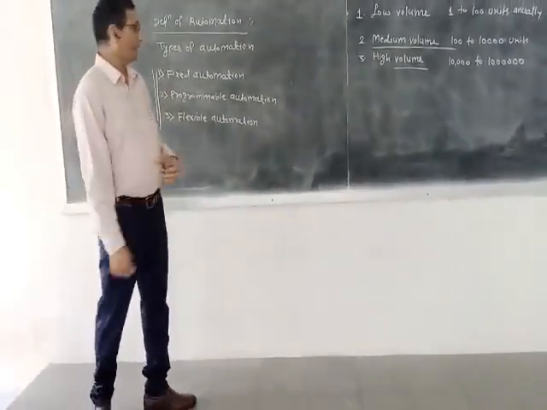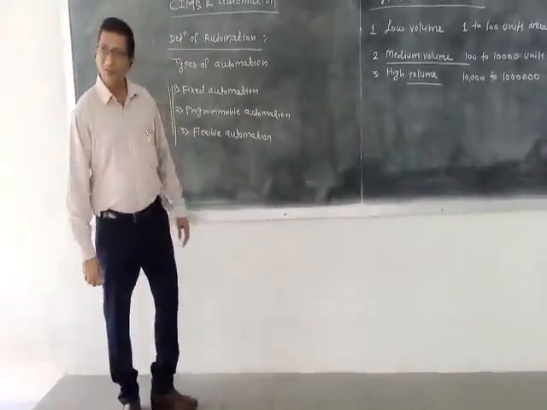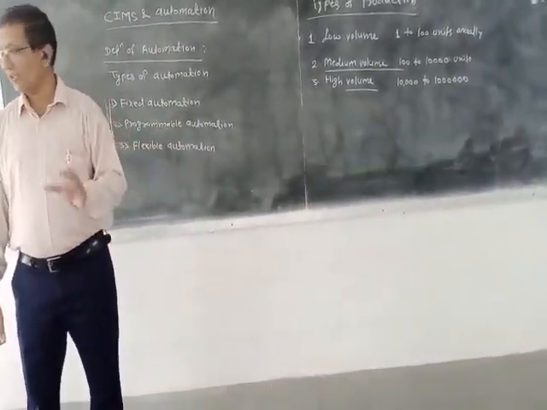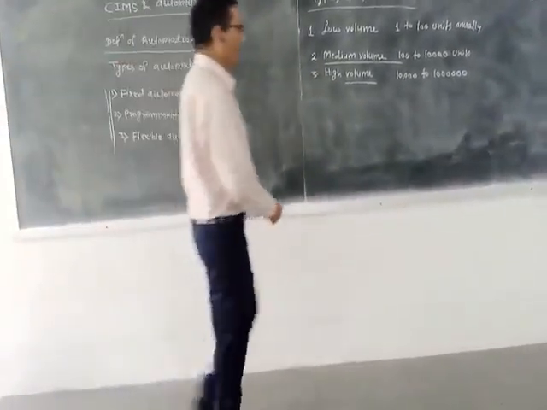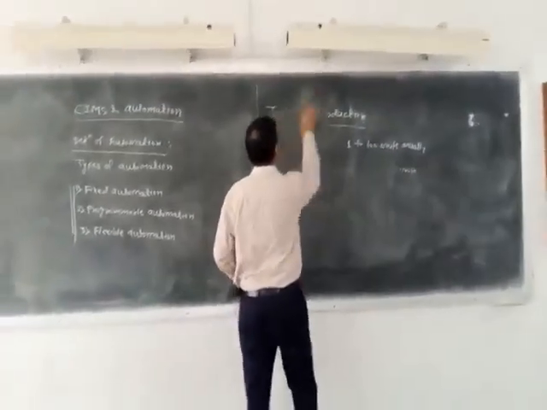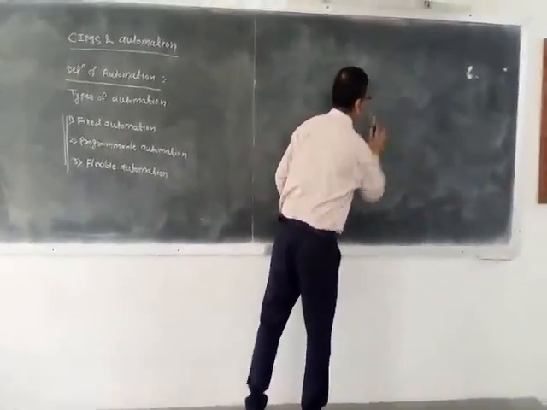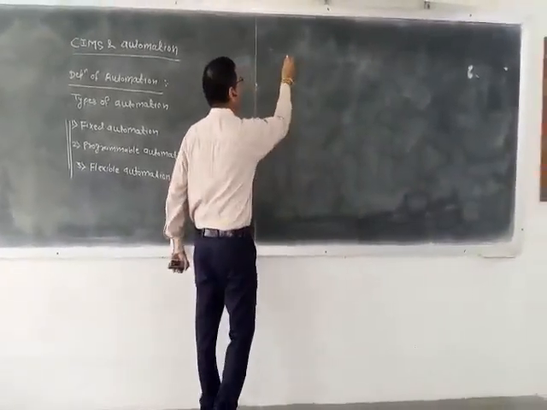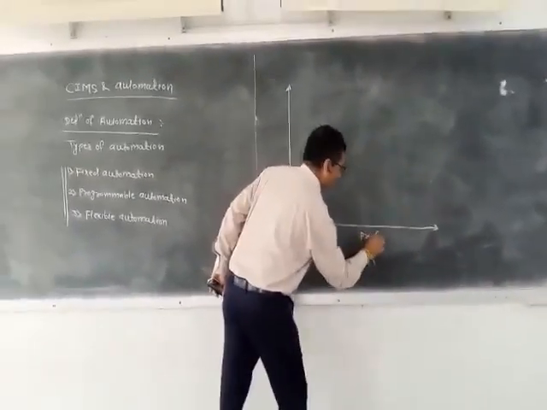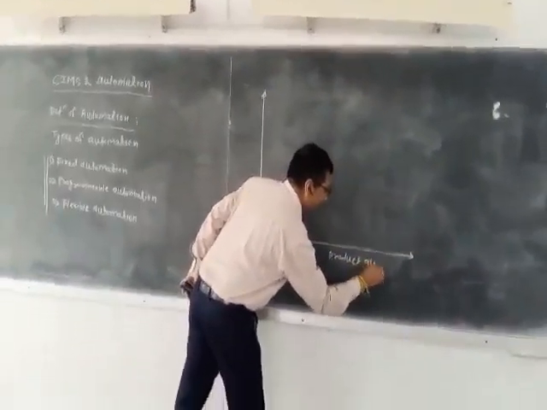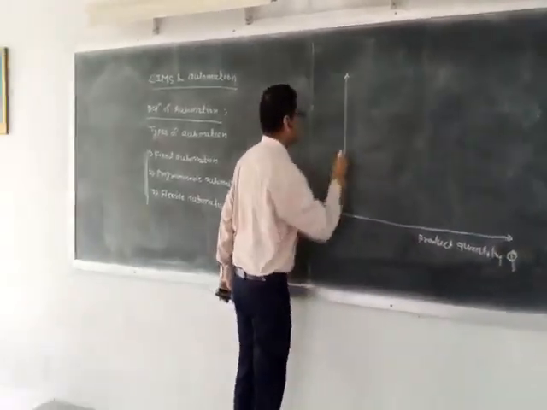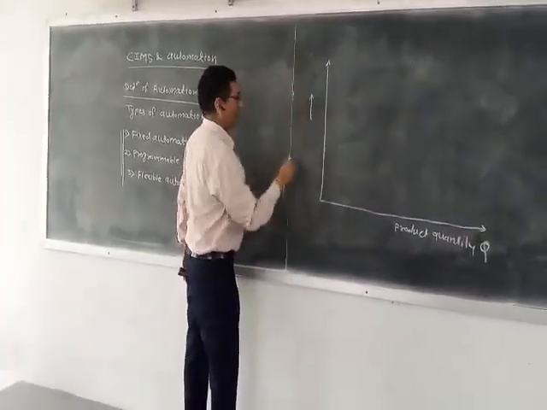Another important factor in case of these types of automation is product variety and product quantity. If we are using fixed automation, programmable automation, or flexible automation, let me say this is product quantity, Q, and on the y axis this is product variety.